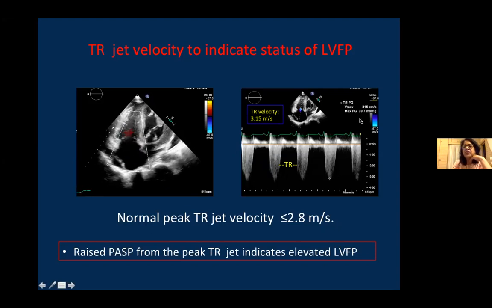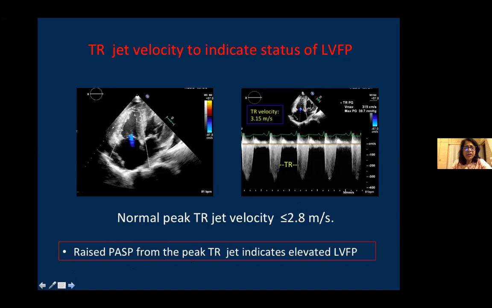So it is 39 plus 8. The PA pressure was high. So patient didn't have any lung disease. So in absence of that, this indicates that patient had a high LV filling pressure. So raised pulmonary arterial systolic pressure from the peak TR jet indicates elevated LV filling pressure.